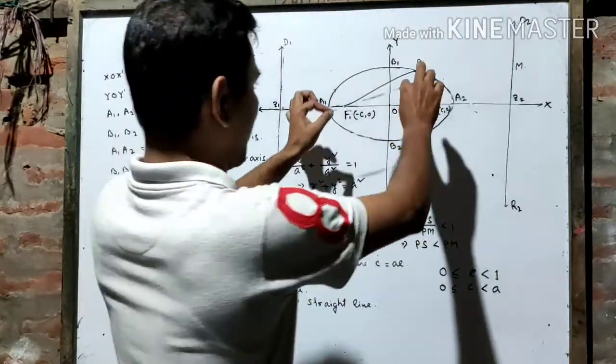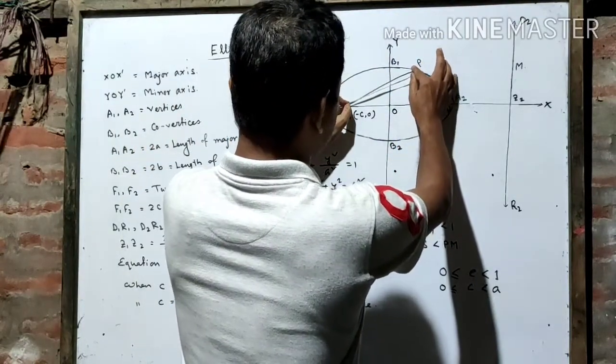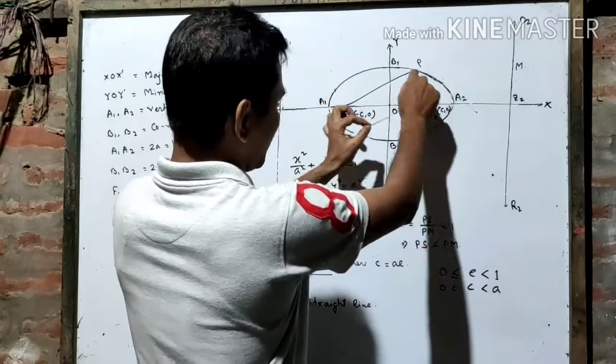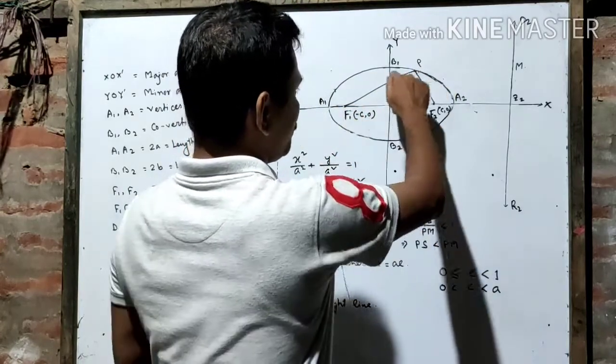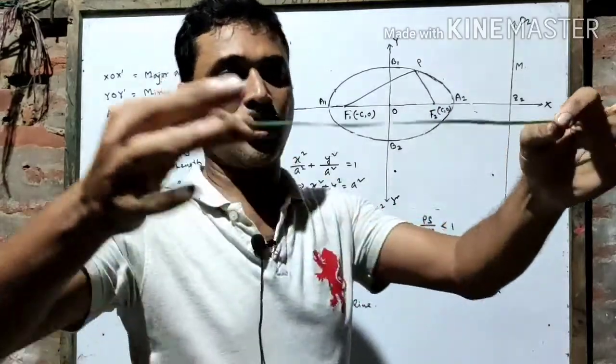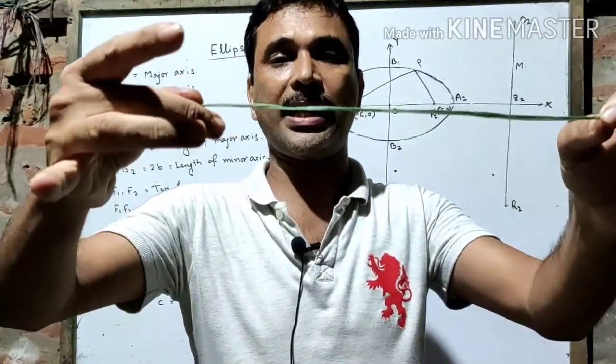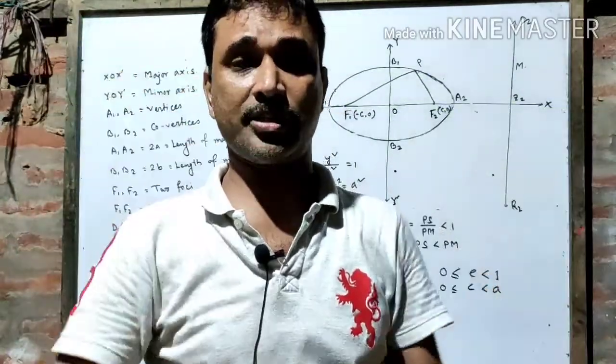So what is the property? The sum of the distances of any point on the ellipse from the two foci is constant, equal to the length of the thread. And what is the length of the thread? The length of the thread is the length of the major axis of the ellipse.